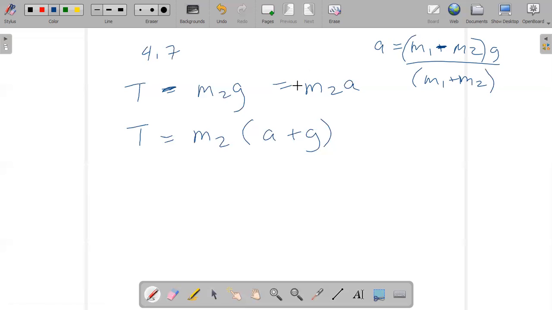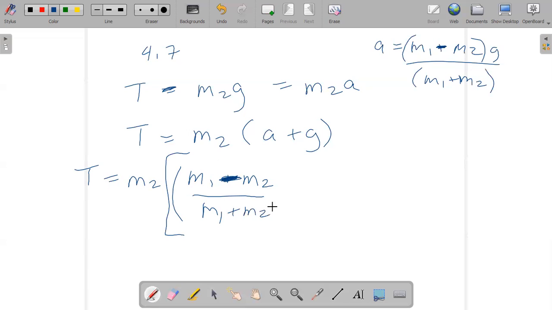All right, so I'm going to take this expression for A and put it there. So I have now T equals M2 times M1 minus M2 over M1 plus M2 times G plus G. There.